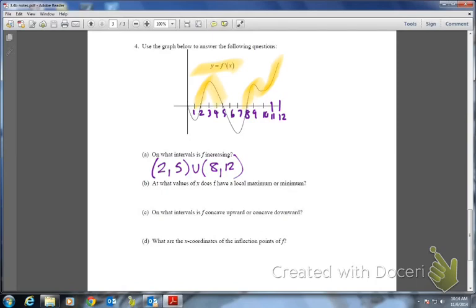So I'm going to say local max at x equals, and then where does f prime change from positive to negative? At 5. Good. Is that the only place? Okay. And then a local min where f prime changes from negative to positive. What are those two places? x equals 2 and x equals 8. Good.